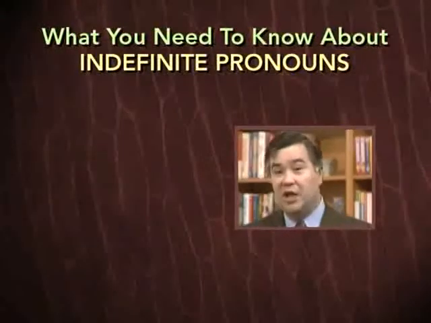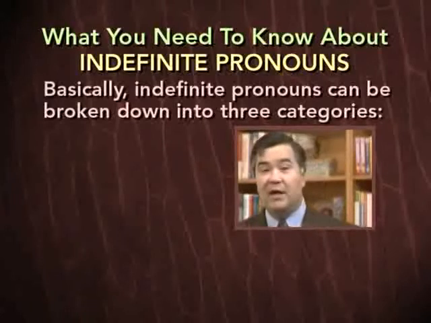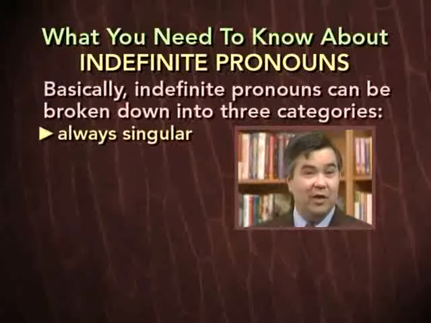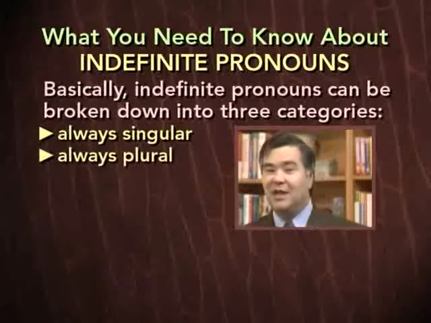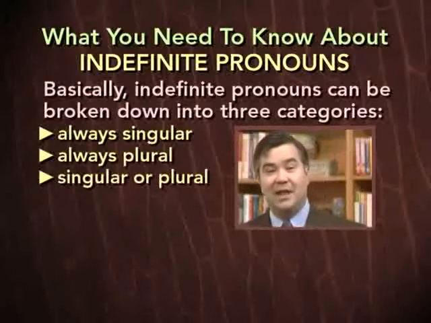Here's what you need to understand about indefinite pronouns. Basically, indefinite pronouns can be broken down into three categories. Some are always singular, some are always plural, and some may be either singular or plural, depending on the context.